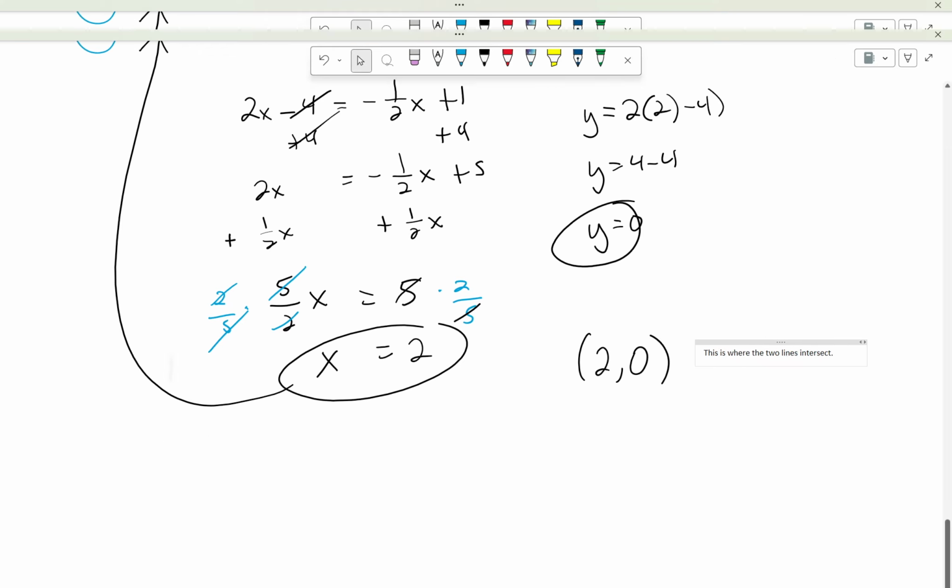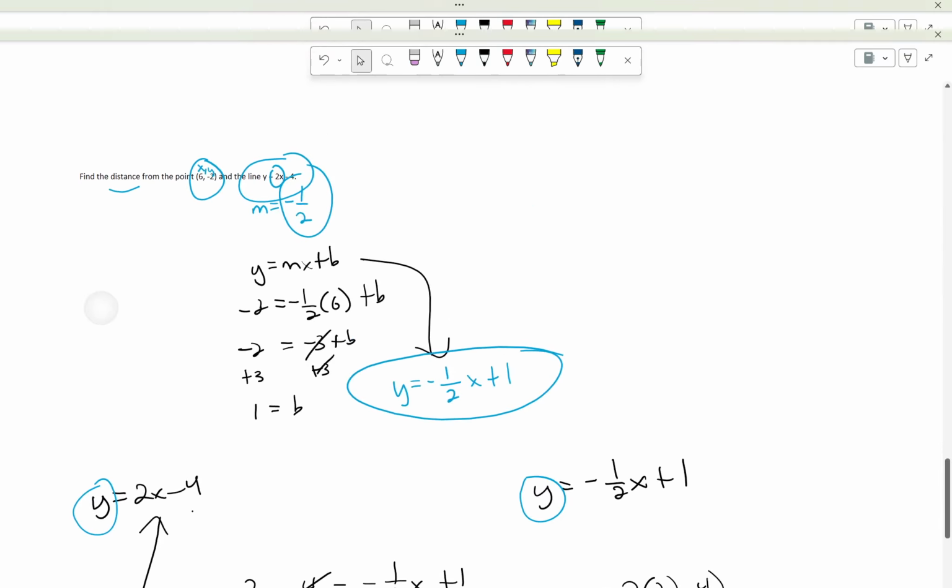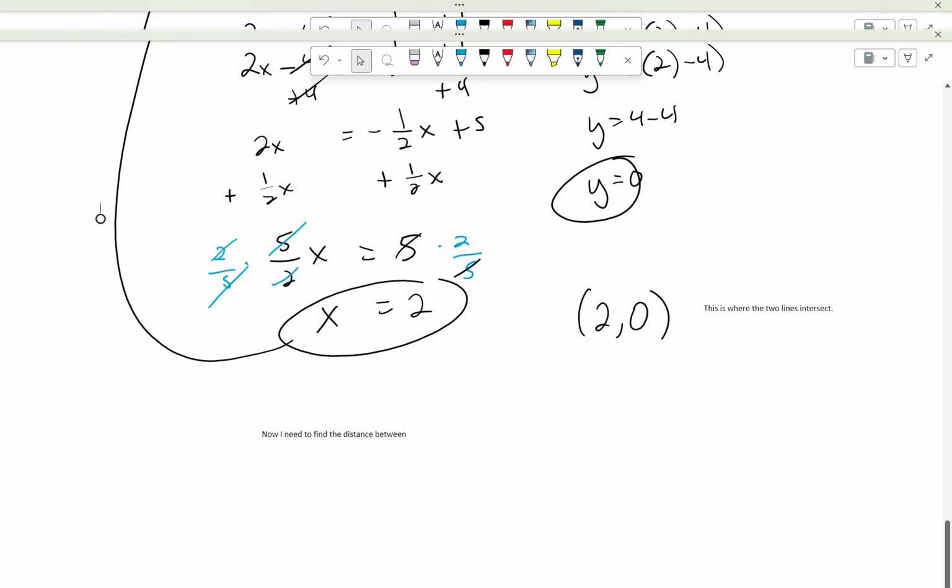Okay? So now I have a brand new problem where I effectively need to find the distance between my first coordinate, back up here, 6, negative 2, and 2, 0.